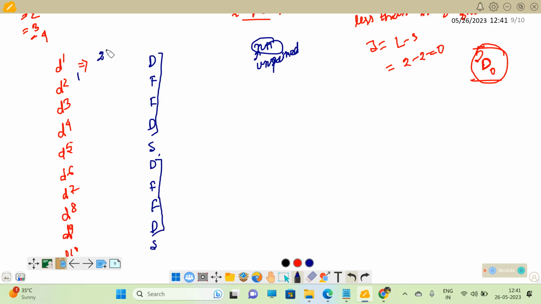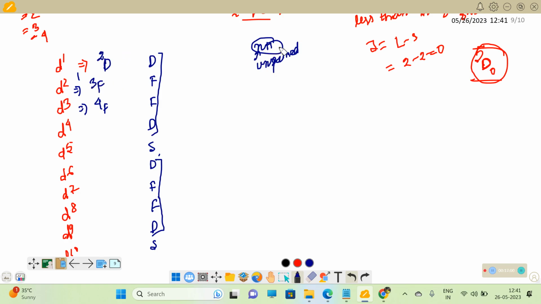So for D1 it will be 2D, then 3F, then 4F. Understand? I think this is how I am getting this value.